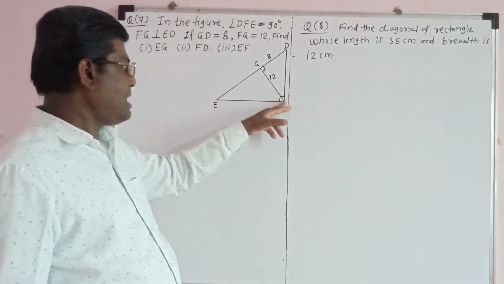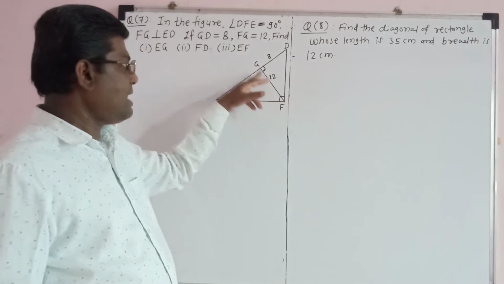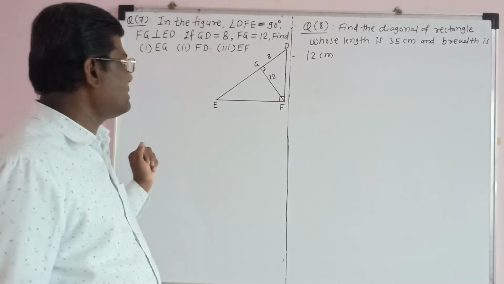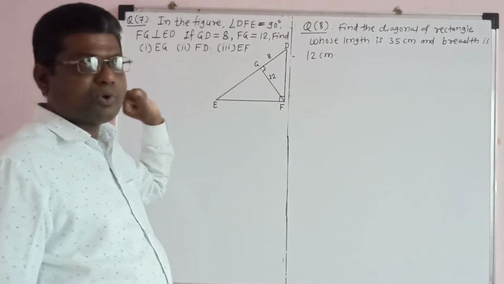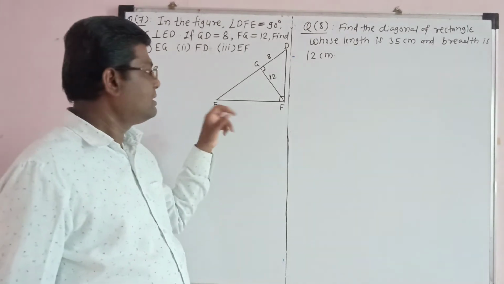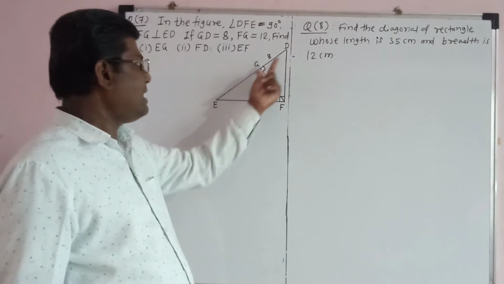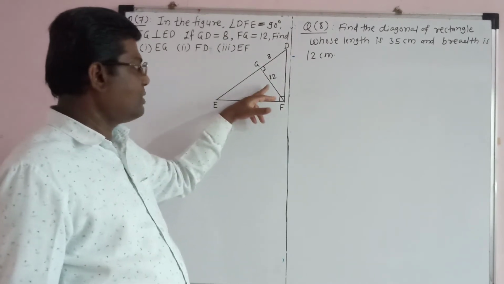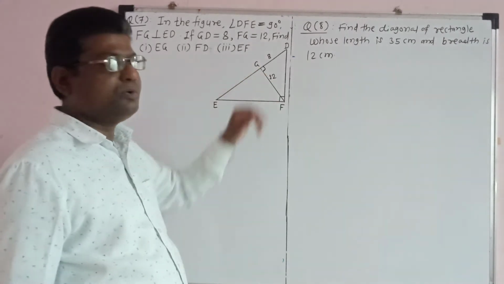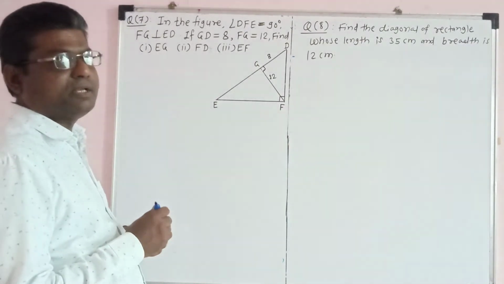Triangle DFE is a right angled triangle. Segment FG is perpendicular to the hypotenuse ED. Therefore, we can apply the theorem of geometric mean for this triangle. That is, FG is the geometric mean of EG and GD. Therefore, we have FG square is equal to EG into GD. From this, we can find the value of EG at first.